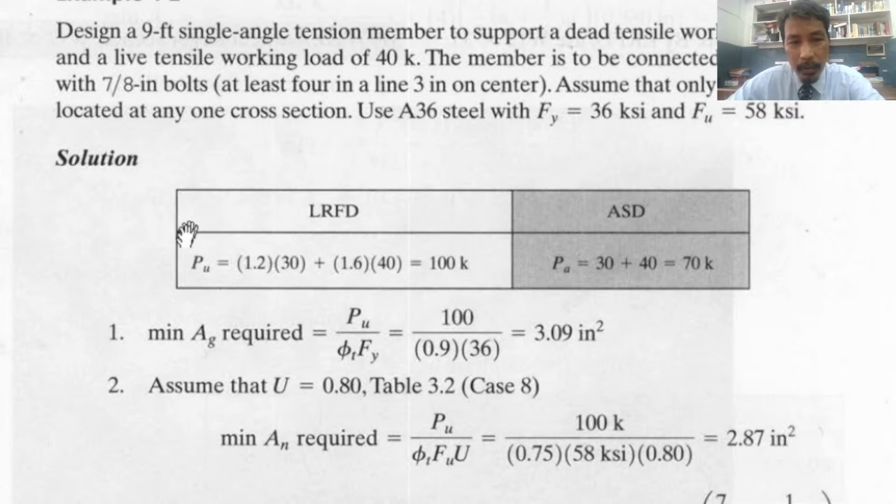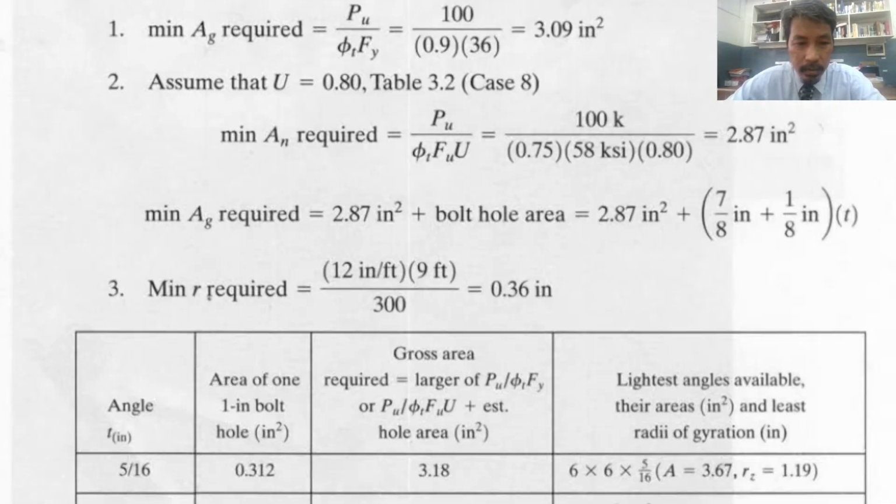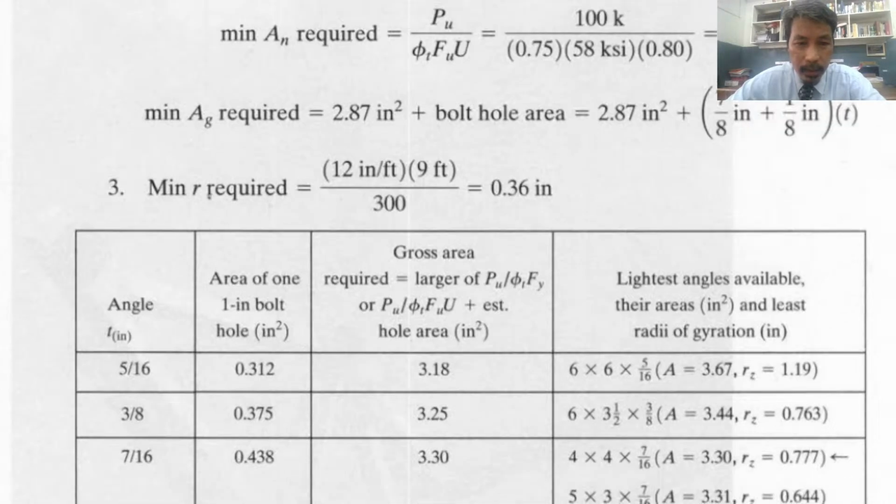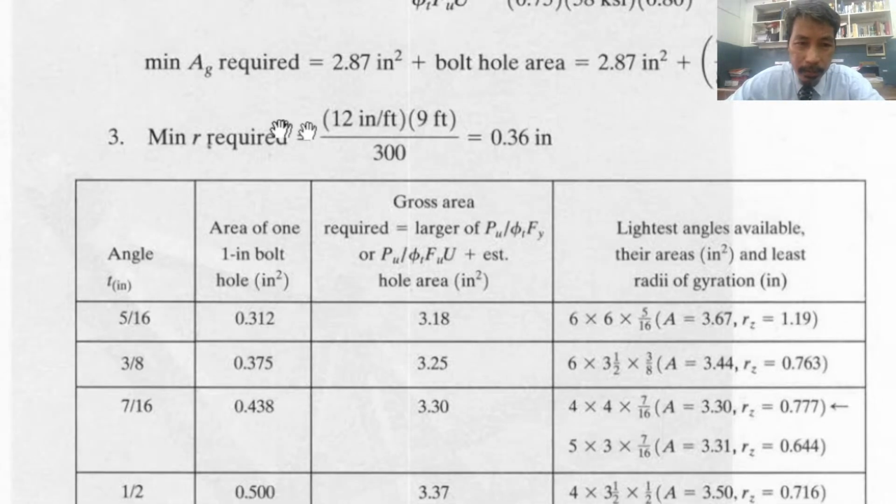If ever we have the combination of load for both types of design methods, very clearly we have the following. For example, the minimum R. We have to determine the minimum R and compare this to the R values that you can find in the table, and look at the R values which are higher than this.